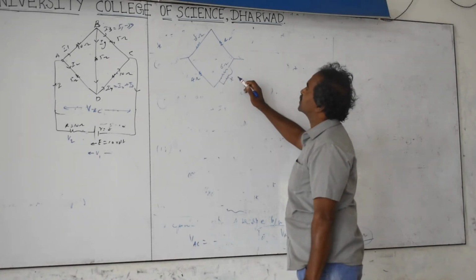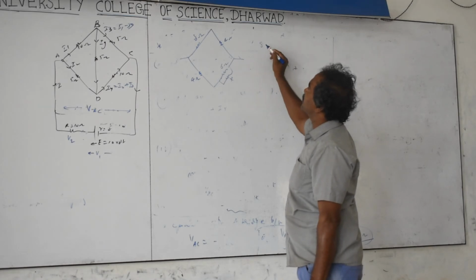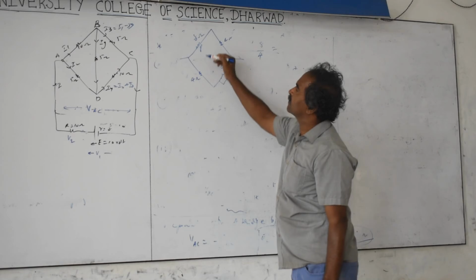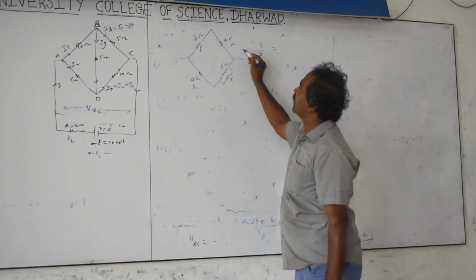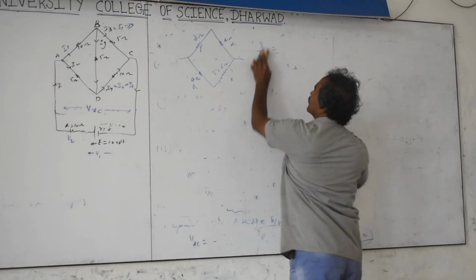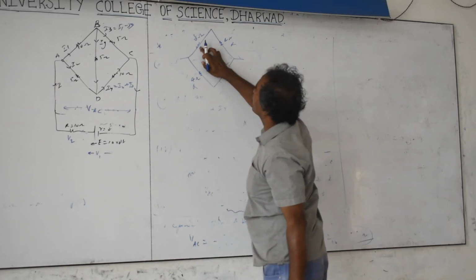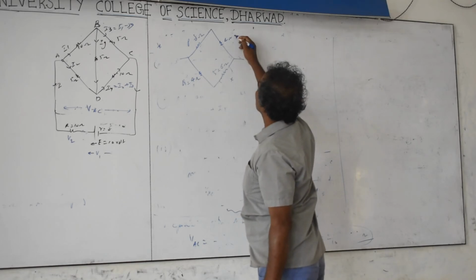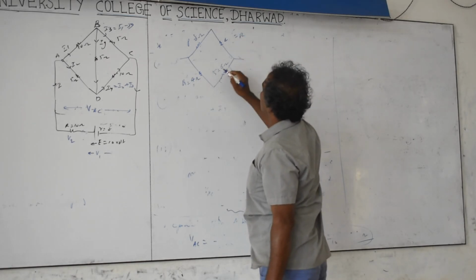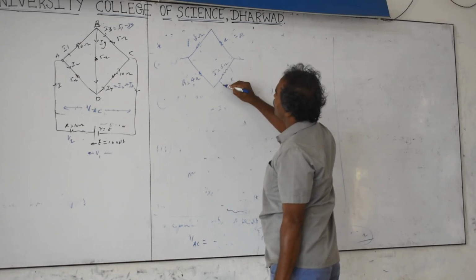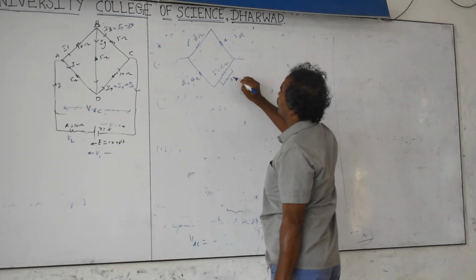Then the balance condition: this is P, this is Q, R, and this is S, which is 6 ohms. So P by Q equals R by S, but to S you have to connect some parallel resistance x, and x you have to find.